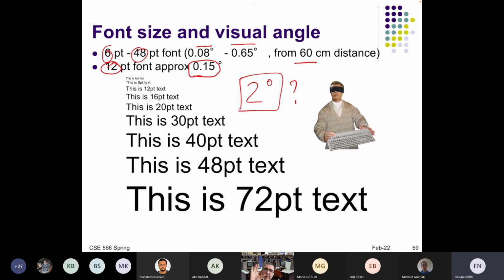If it is too big, the angle becomes wider. When the angle becomes wider, you cannot see it at once. So you need to scan slowly, like a children's book.